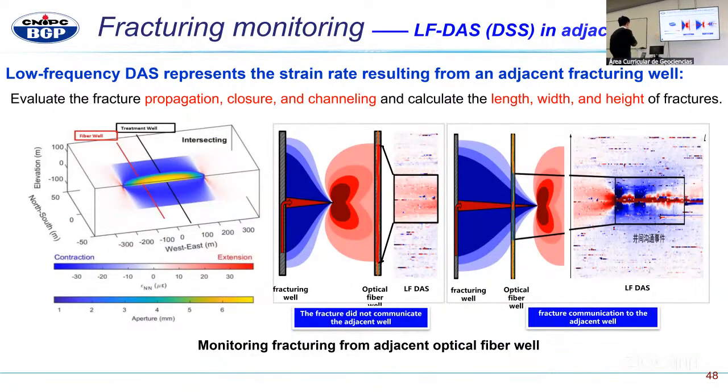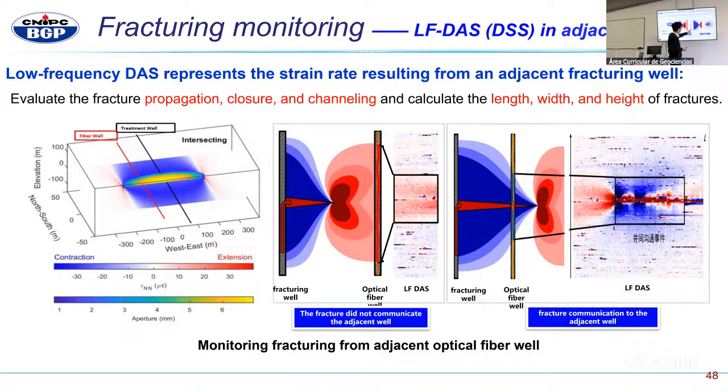And this is another technique we call low frequency DAS monitoring. We also deploy the fiber in the jet mill. This is the fractal mill, this is the fiber mill. So after the perforation, the fluid will go inside in this direction. This is the tensile string, and the others are the contract string.